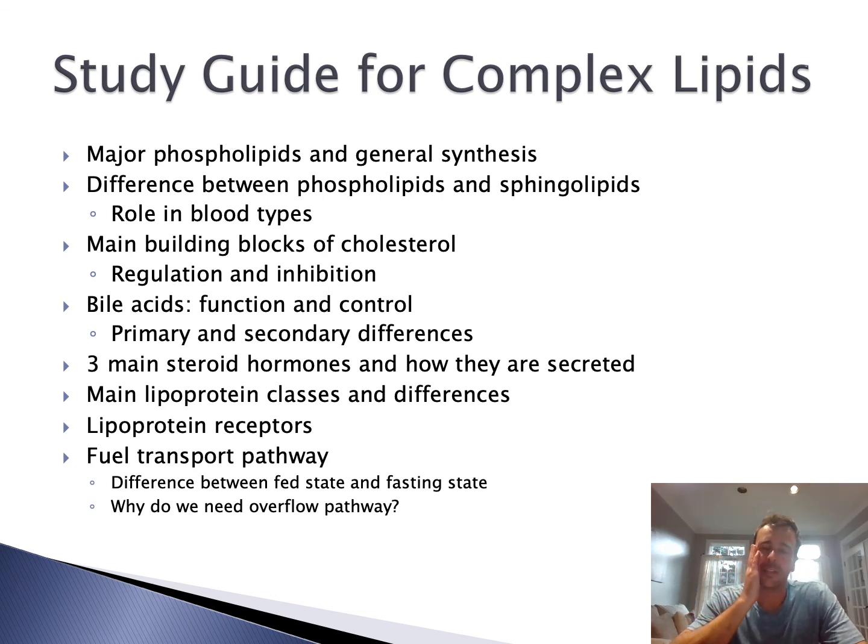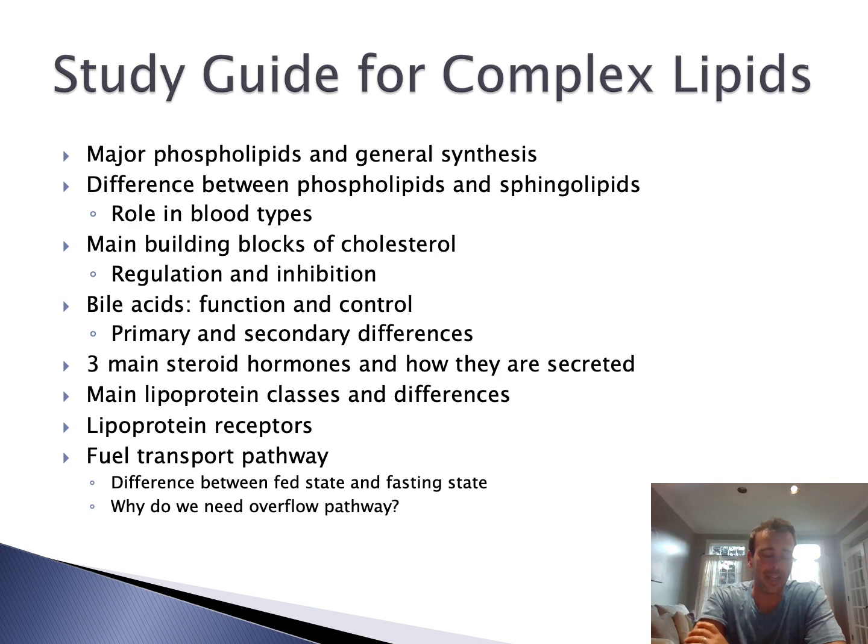The last slide here is the study guide for today. Just to reiterate some of the highlights of today's lectures that are most important for the exam, because I realize that's really what you care about here. The take-home messages: I want you to understand the major phospholipids and the general synthesis of them. I mentioned 3 or 4 of the major phospholipids.